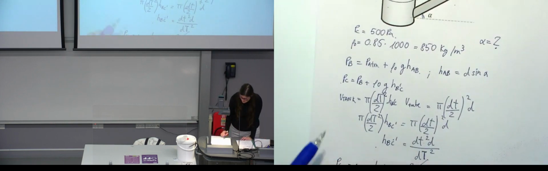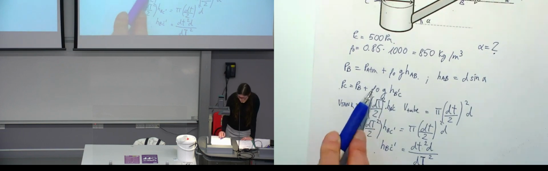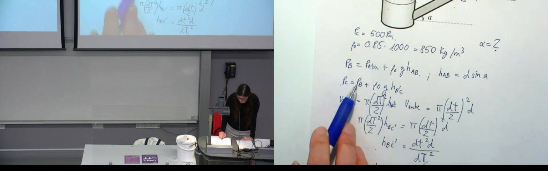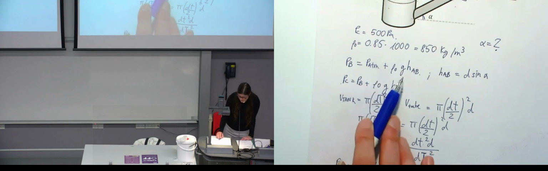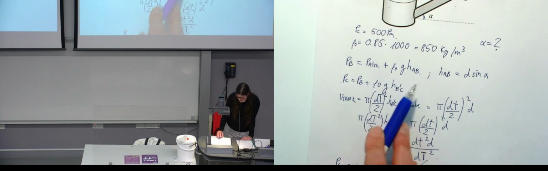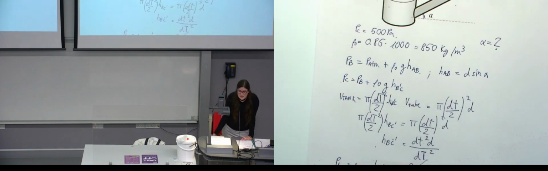Yeah, because I say here that PC is PV plus rho oil g HBC, and then here we calculated that PV is the atmospheric pressure plus the density times g times HAB. And HAB is d sine of alpha.